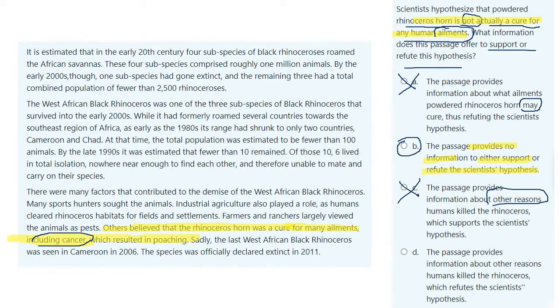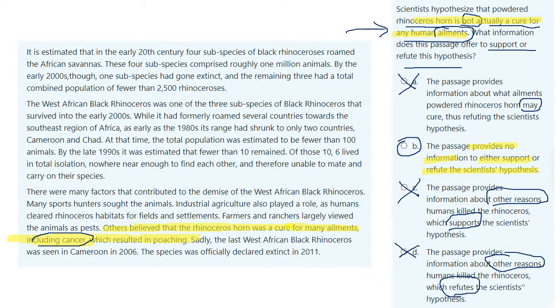Well, again, other reasons is not helpful. Other reasons do not link to the idea of human illness. So it's true that there are other reasons, but the other reasons do not support or refute the hypothesis because the other reasons have no link to the hypothesis.